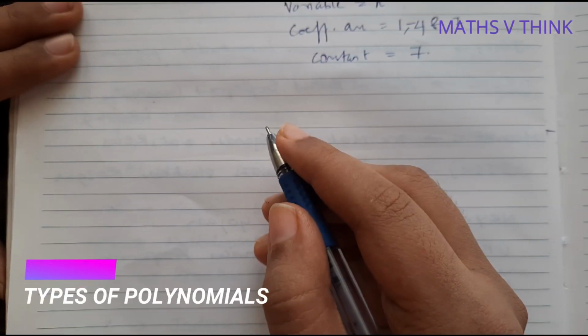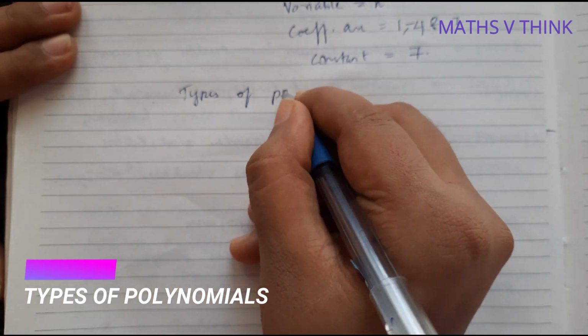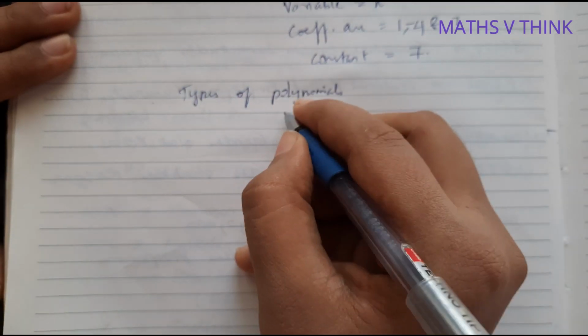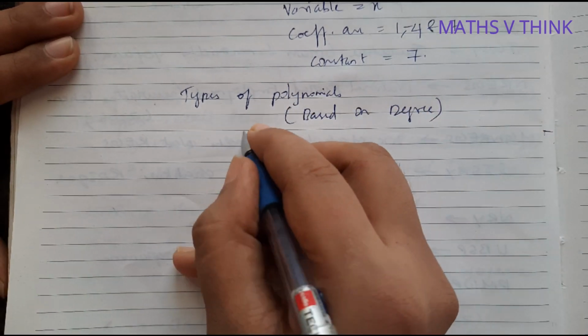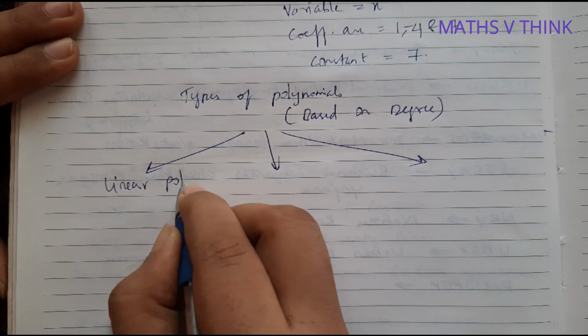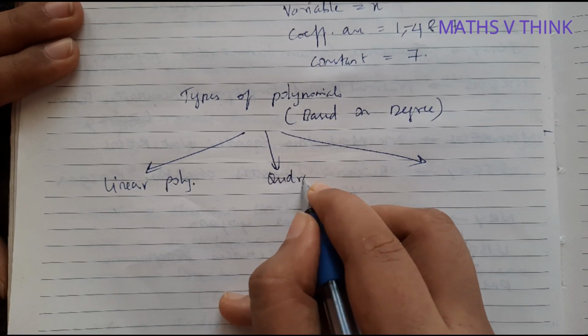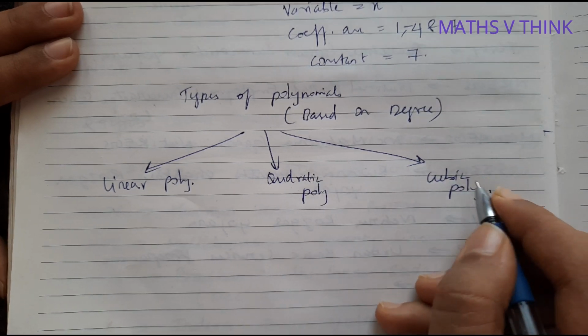Now I'll be discussing the types of polynomials, based on degree. There are 3 types of polynomials: linear polynomial, quadratic polynomial, cubic polynomial.